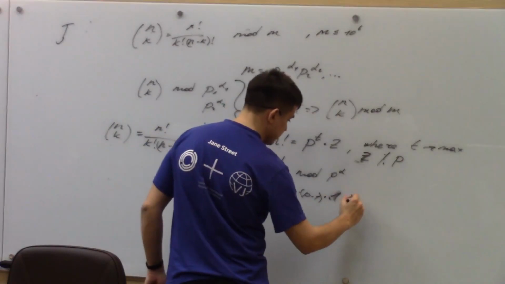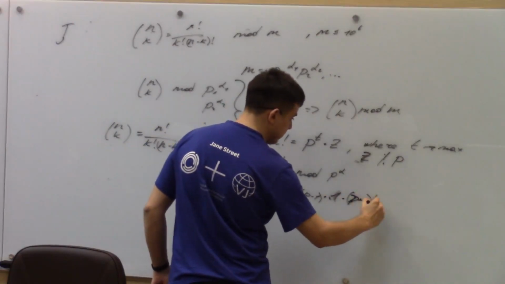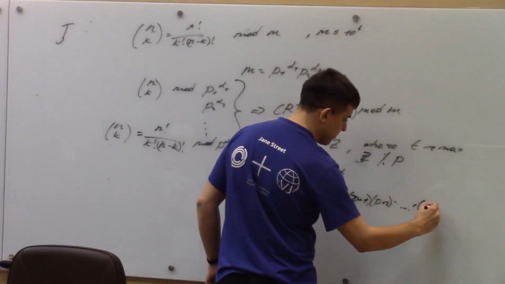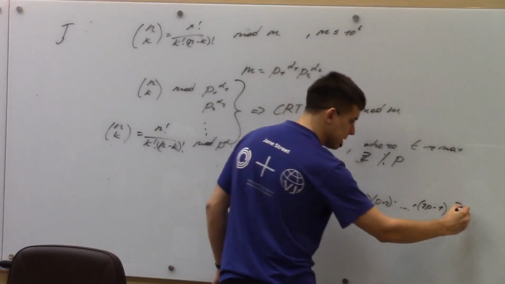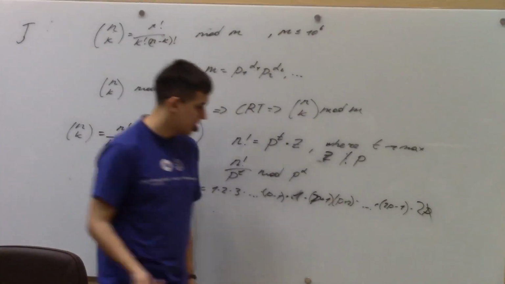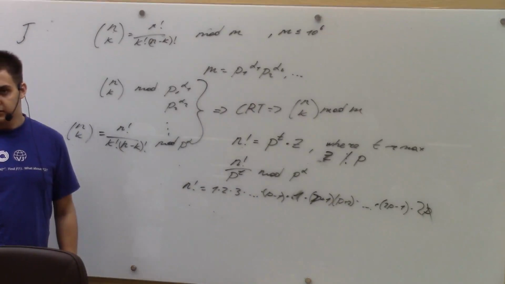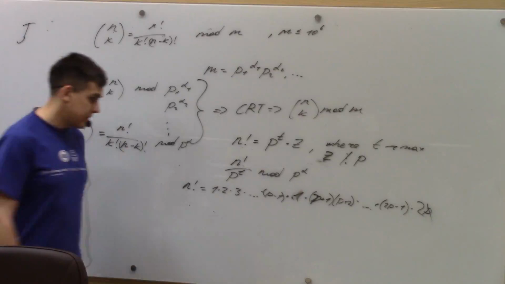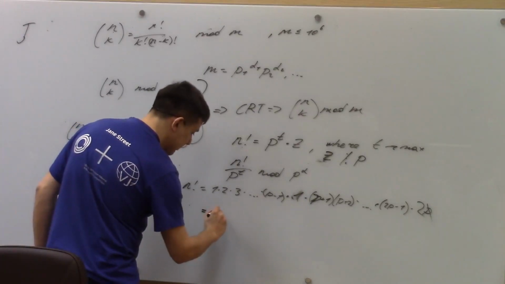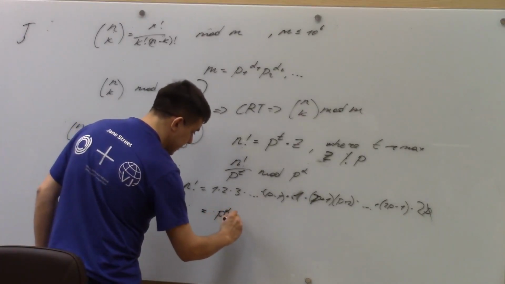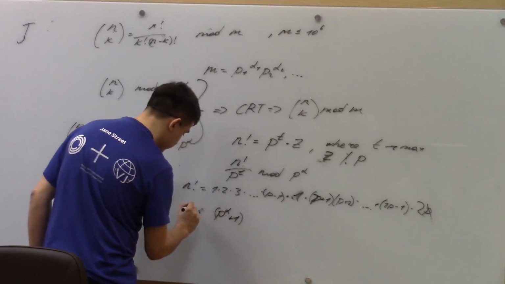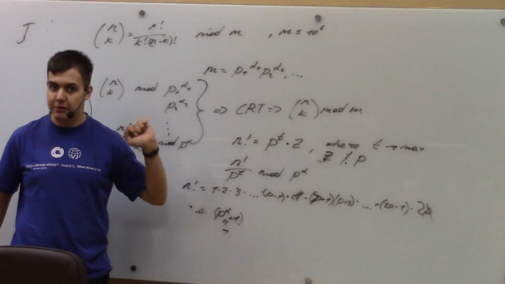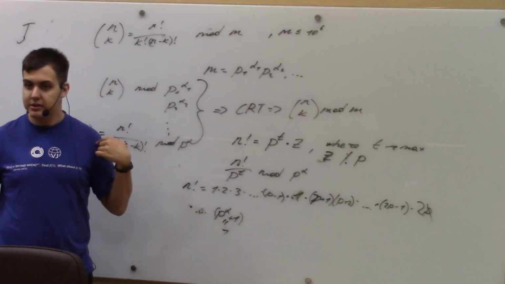Times 2 times p plus 1 times p plus 2 up to 2p minus 1 times 2. So there was 2p before, but we can remove it. And this is cyclical, right? Whenever we reach p to the alpha plus 1, this is the same as 1. Since we're going to calculate it mod p to the power of alpha, this is 1 again. So this is cyclical.